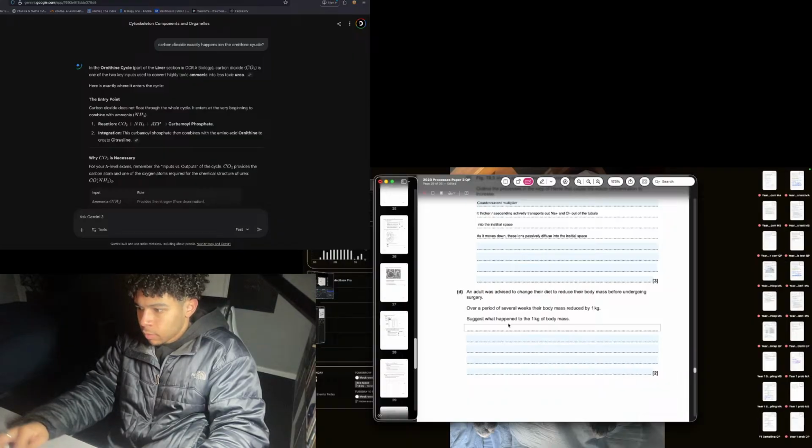Medulla, cortex, pelvis. Renal pyramid. Okay, it's weird, it's not pyramid.